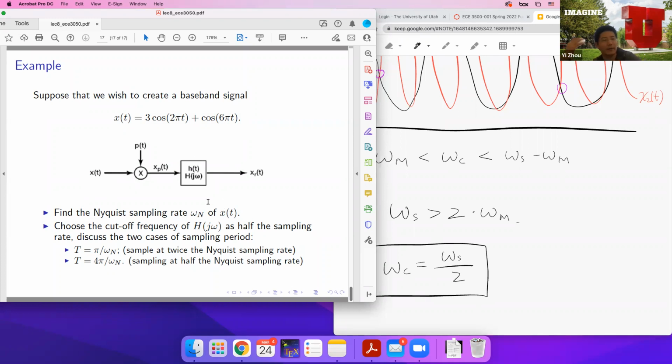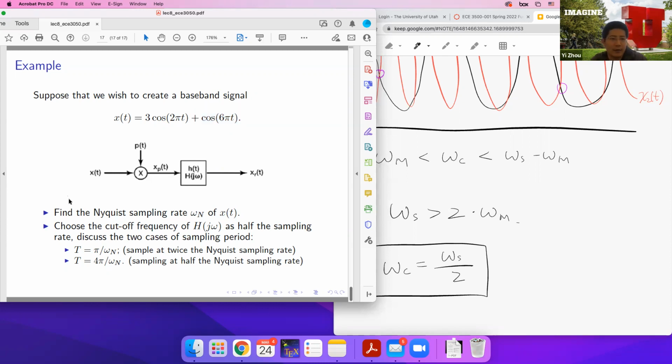You identify the bandwidth of the signal, and then multiply by 2. That is the Nyquist rate. Looking at the expression, the bandwidth is given by the highest sinusoidal component. So the bandwidth is 6 pi, and 6 pi multiplied by 2 is 12 pi. So that is the Nyquist rate.